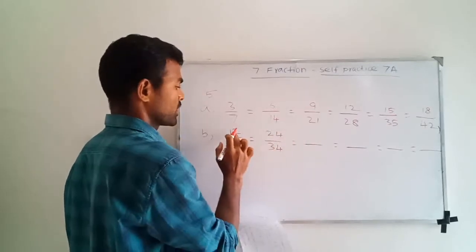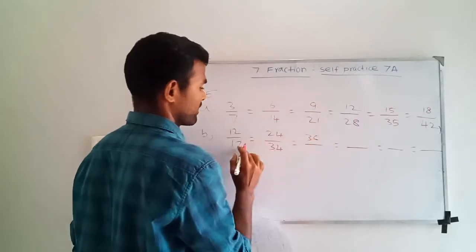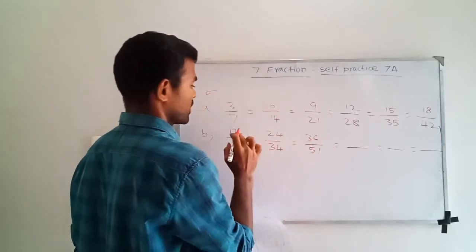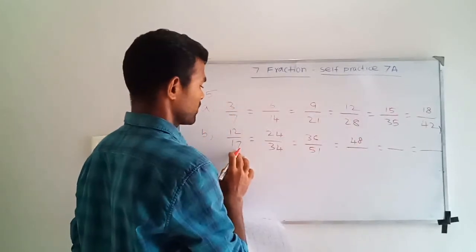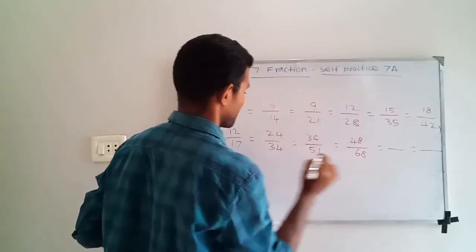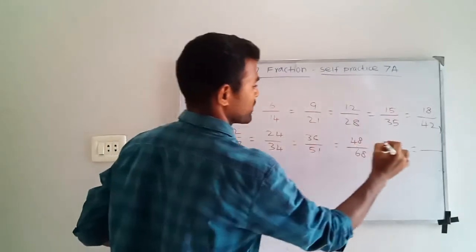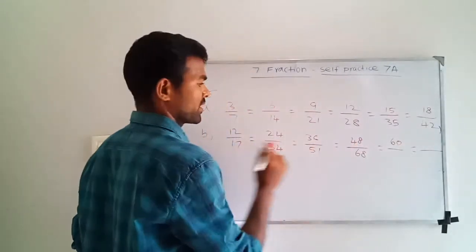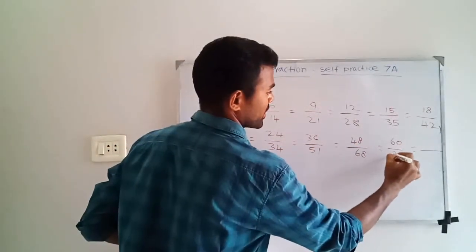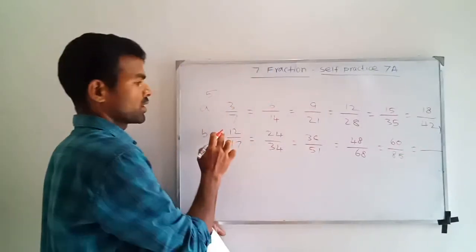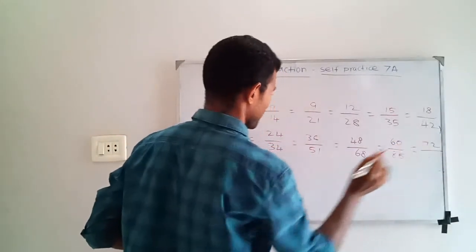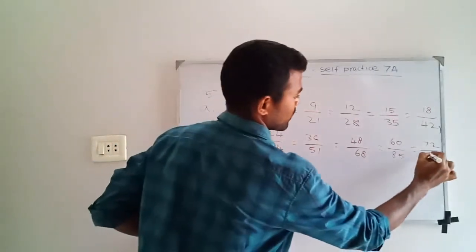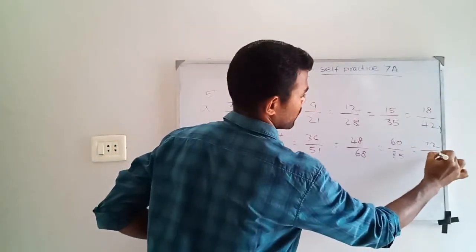That's all. 12 times 3 is 36, 17 times 3 is 51. 12 times 4 is 48, 17 times 4 is 68. 12 times 5 is 60, 17 times 5 is 85. 12 times 6 is 72, 17 times 6 is 102.